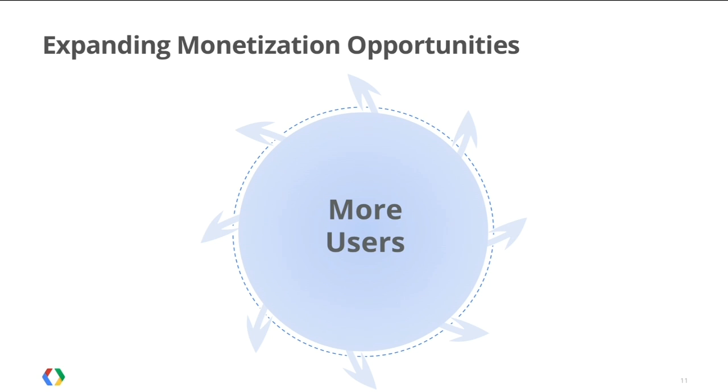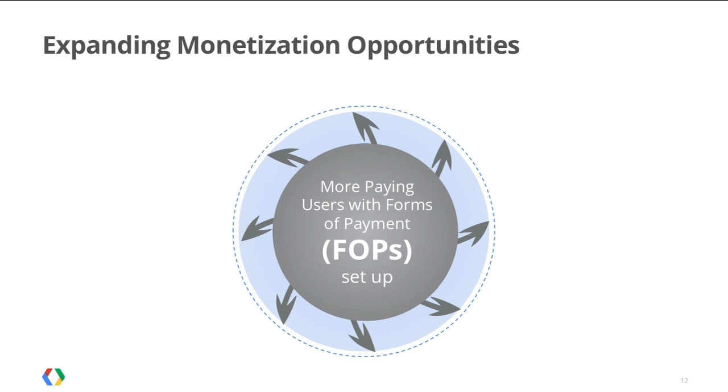Isn't that just amazing? But having users alone is really not enough. What we need to make sure is that they have the necessary instruments to pay for your services. In other words, that means providing different options of forms of payment, or what we call FOPs, so that they can very easily pay for your services within the Google Play Store.